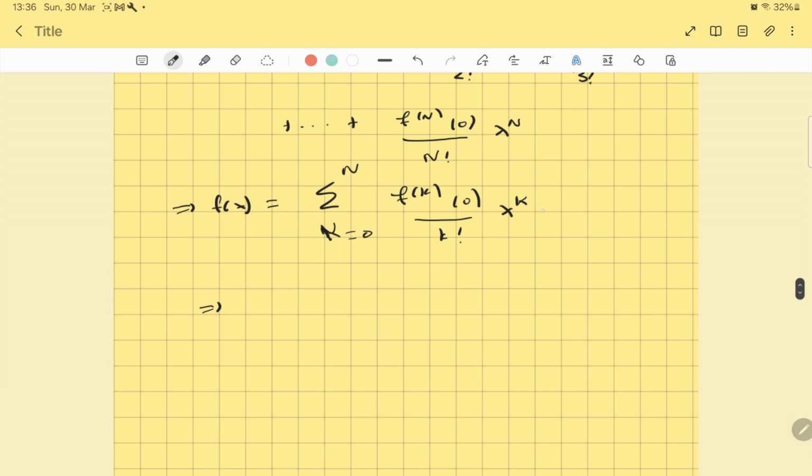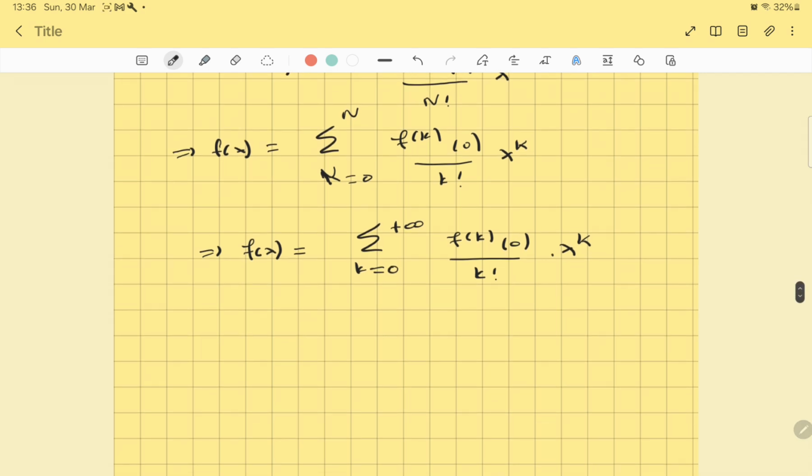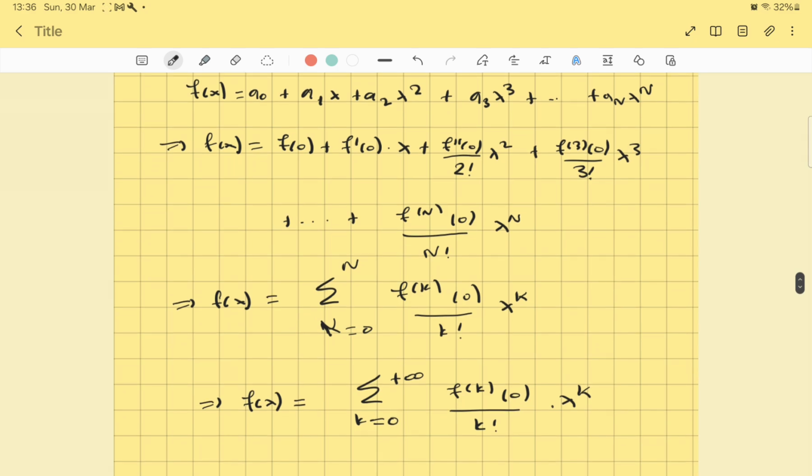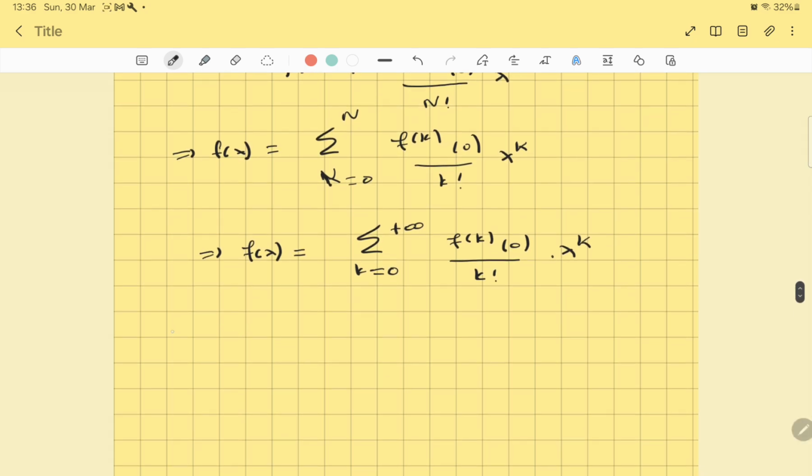And if I want, since this is truncated at n terms, I can write it as a power series, sum from k equals 0 to infinity, of f kth order derivative evaluated at 0 over k factorial times x to the power of k. It means, again I repeat, that f of x is the sum from k equals 0 to infinity of f k of 0 over k factorial x to the power of k.